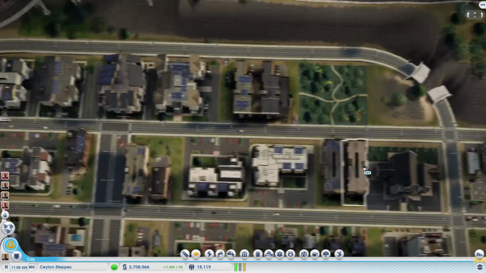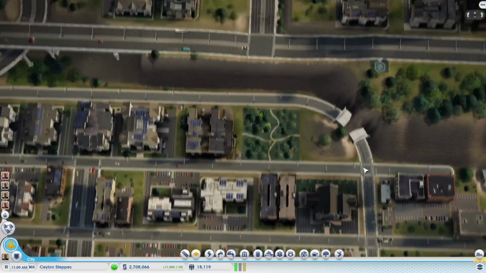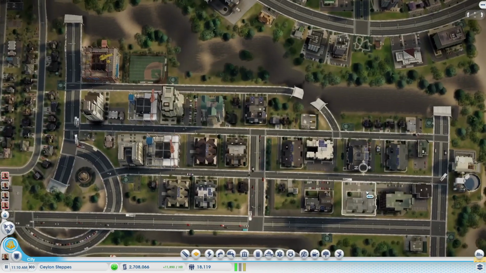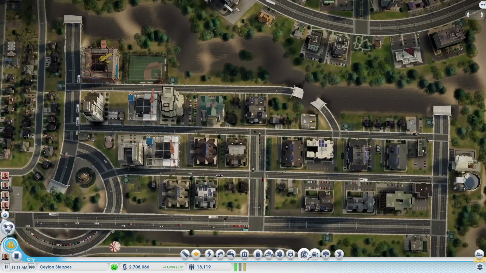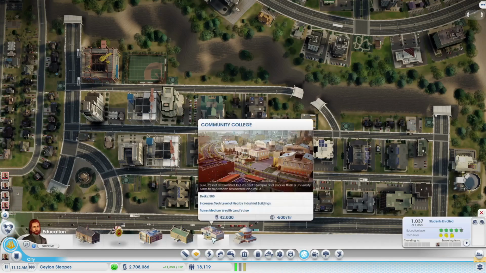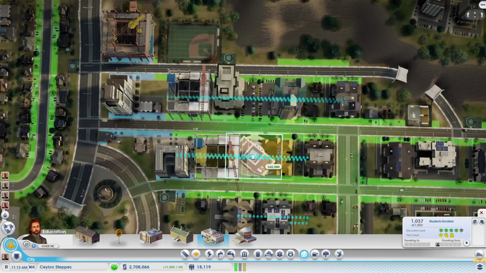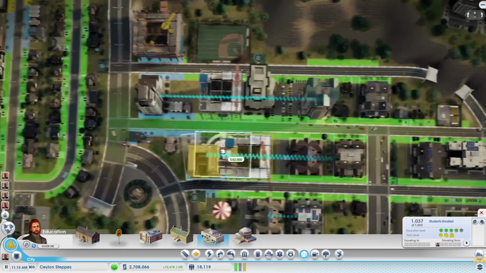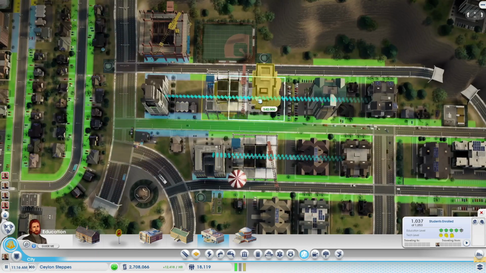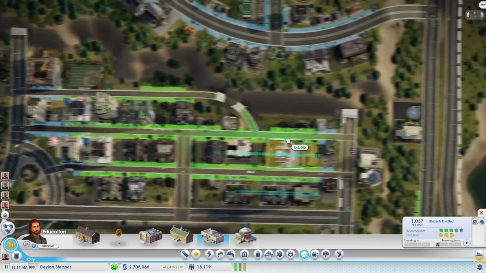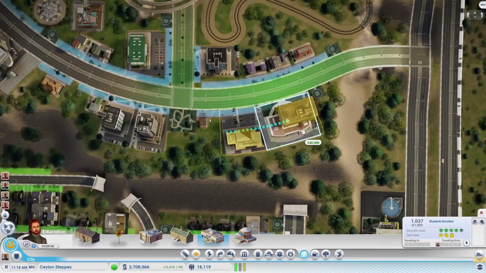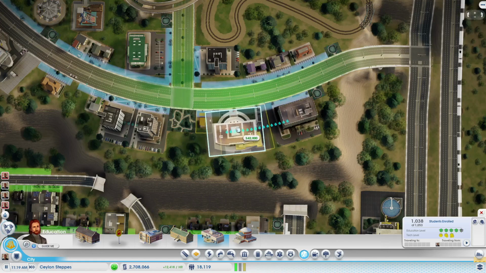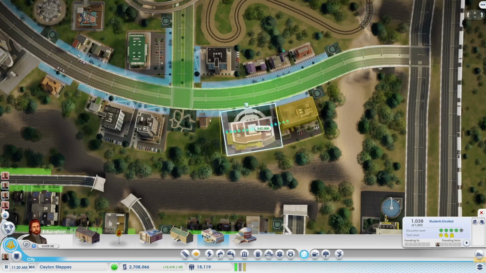Then you go to medium, same footprint. And then once you go to large, see how roughly you can. So the community college's footprint is roughly the same.